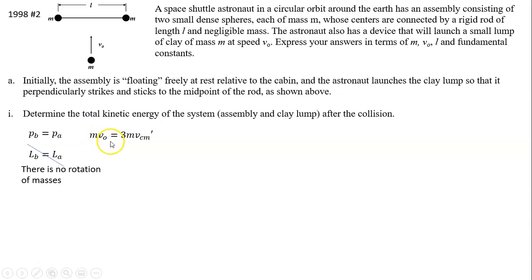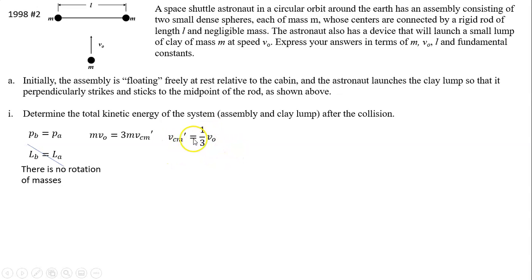So m v0 equals the mass after, the three stuck together, so the total mass is 3m times v center of mass prime, the speed after of the center of mass. So v center of mass is 1/3 v0.